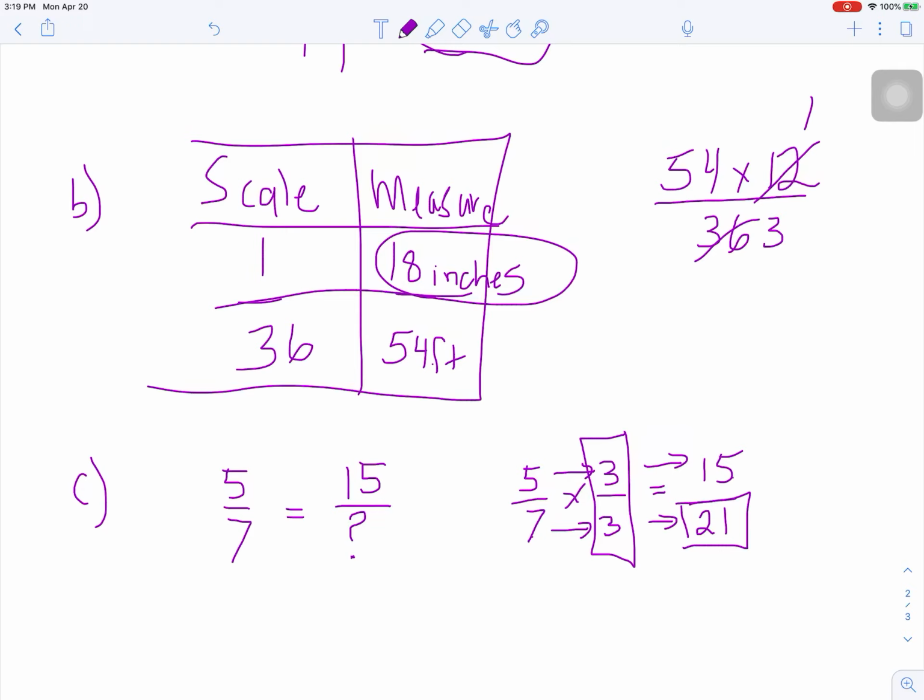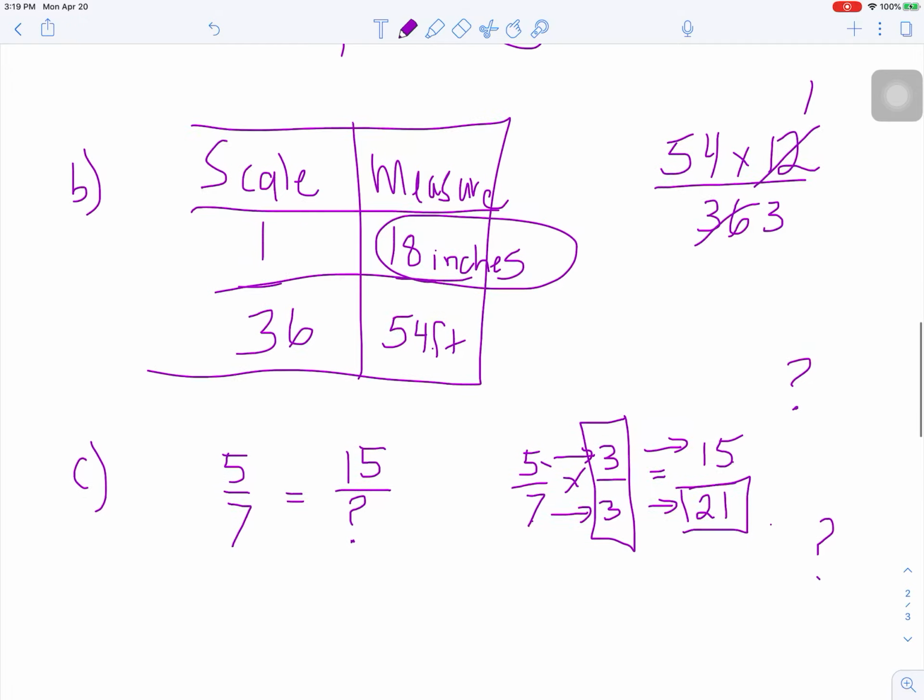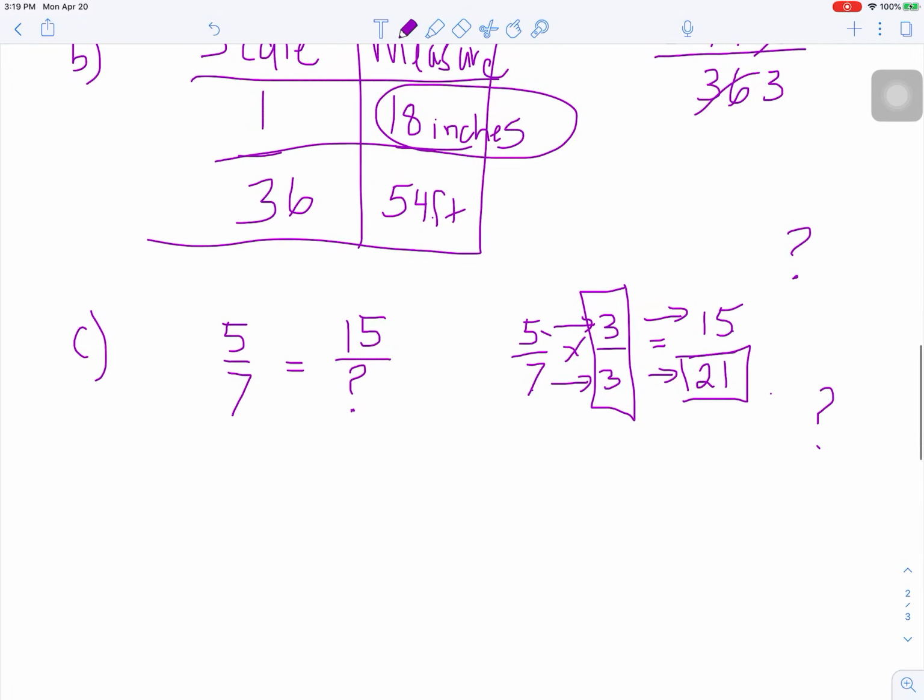So if you can multiply it by an equivalent fraction, it's much easier than going 7 times 15 equals what? And then 5 times 21 equals what? And working your way through that way. So D is the same sort of thing. So D, what we have is x over 3 equals 42 over 21.